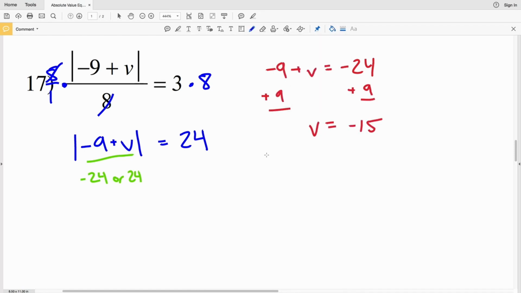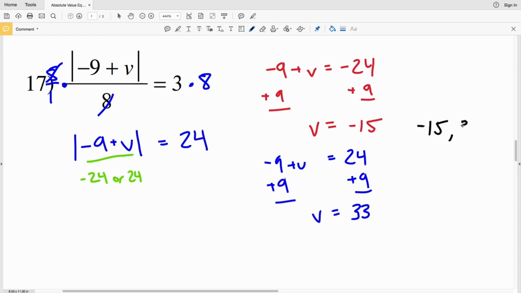Now, doing it for when negative 9 plus v equals the positive 24, adding 9 to both sides, we get that v equals 33. So for problem number 17, v is either negative 15 or a positive 33.